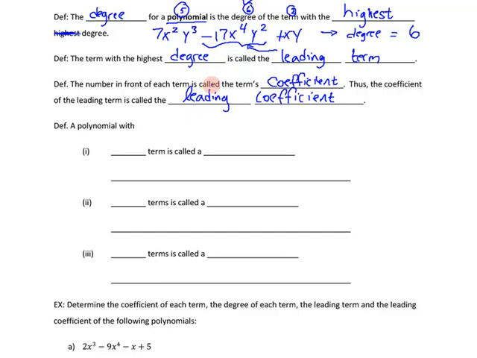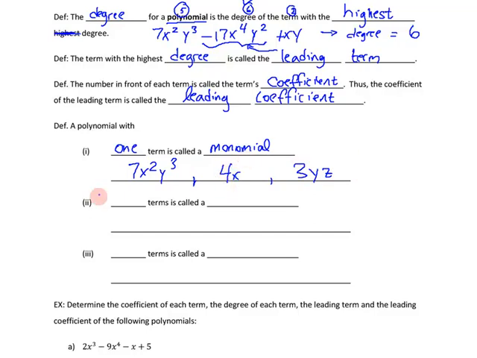Although I don't use this all that frequently, you'll hear me use these terms along the way. A polynomial that has one term is called a monomial. So a monomial would be just a single term polynomial, like 7x squared y cubed. That's a monomial. Let's say 4x. That's a monomial. 3yz. Those are all 3 monomials because they have only one term.